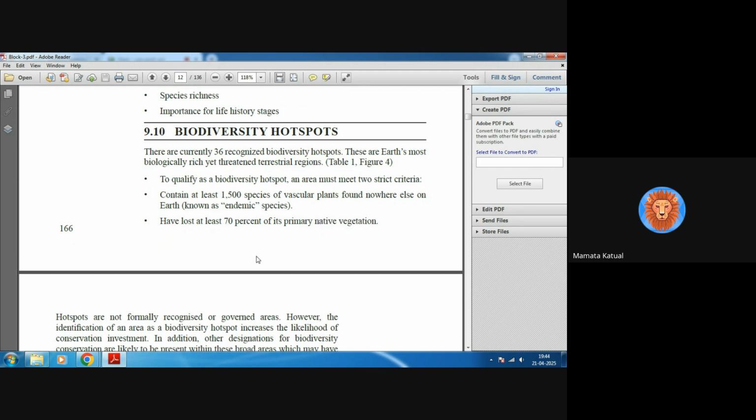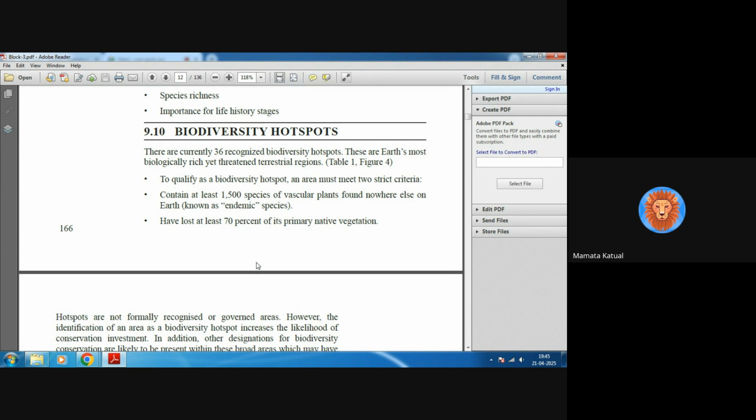And it should have lost 70% of its primary native vegetation. Primary native vegetation means the vegetation which is present naturally. So that is the natural vegetation of that area. If it has lost about 70% of its natural vegetation, that means it must qualify two criteria.